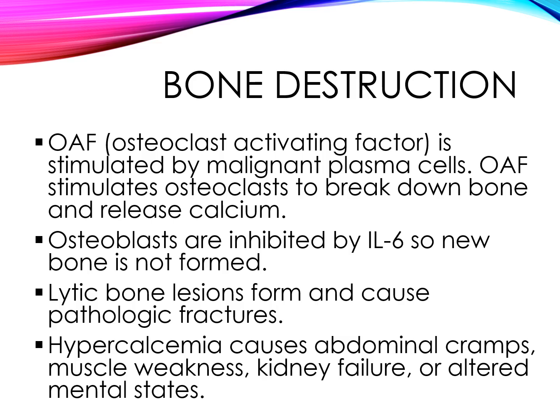So now we have rapid breakdown and no rebuild. What that results in is lytic bone lesions, and that can cause pathologic fractures. So instead of having strong, healthy bones, we get weakened bones as that matrix breaks down.